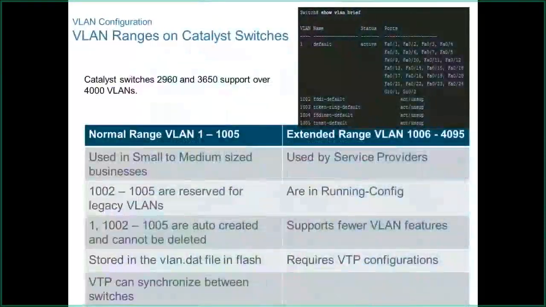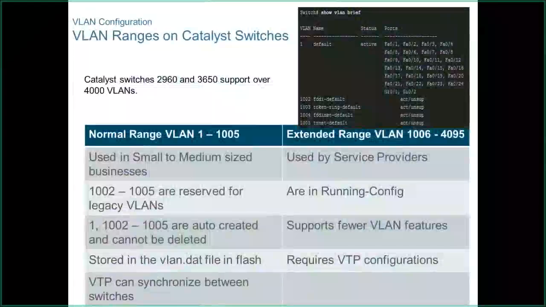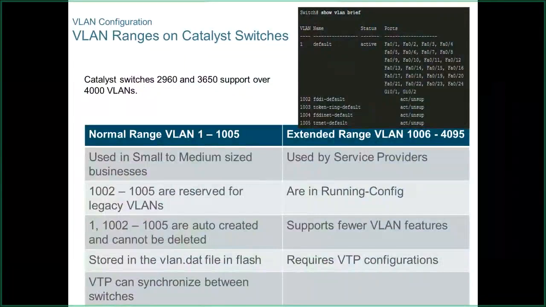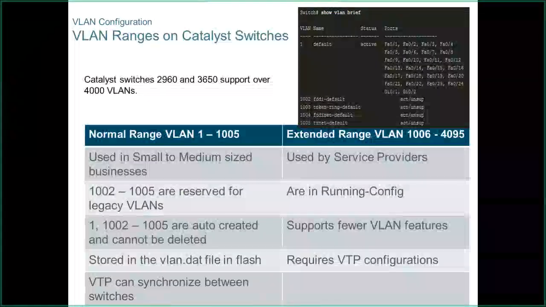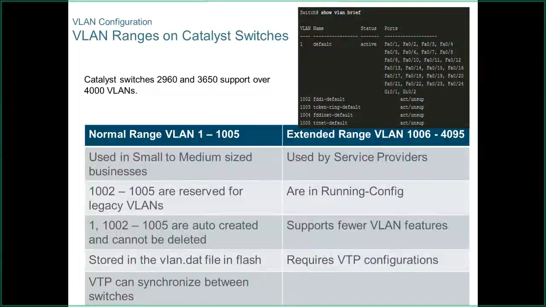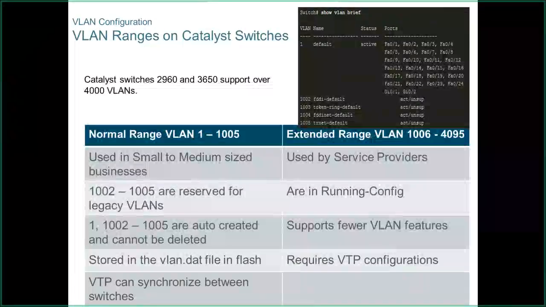Alright, ranges, as I said before, up to 4096 IDs is valid, but we have our normal and extended ranges. So up to 1005 are part of the normal range, 1006 onwards are part of extended VLANs.